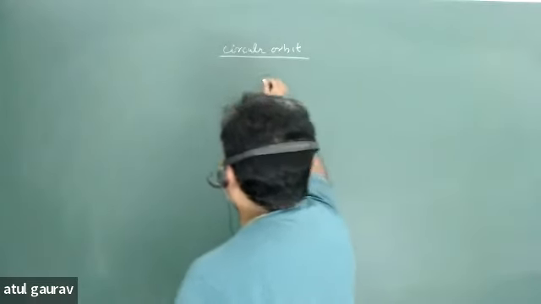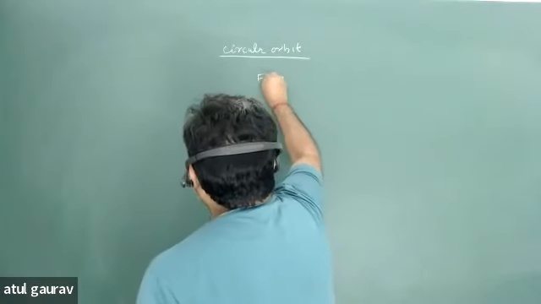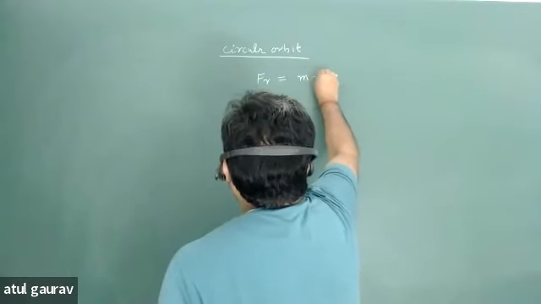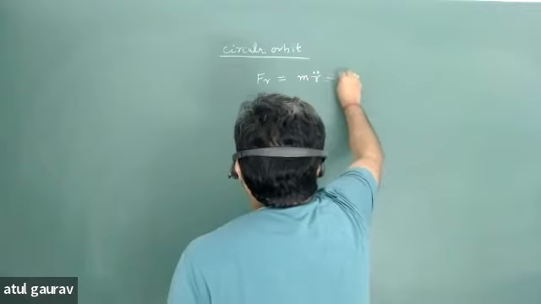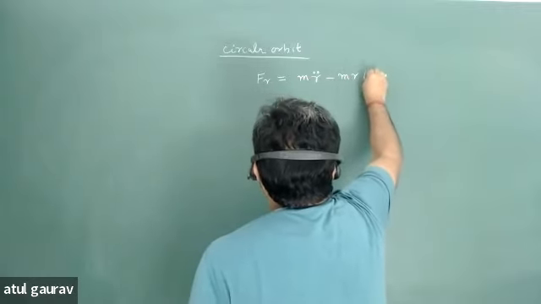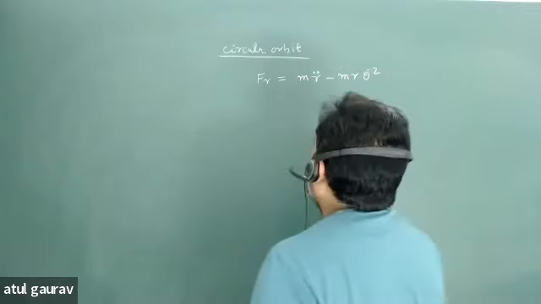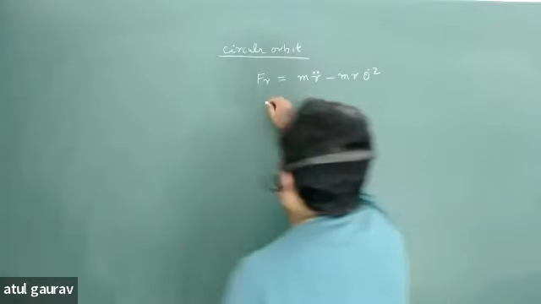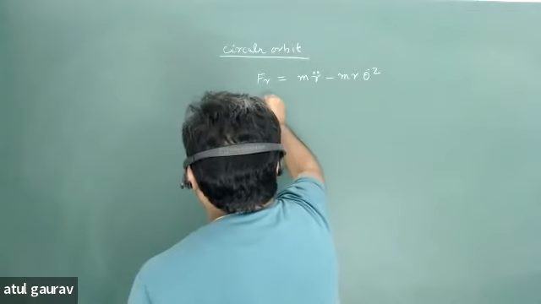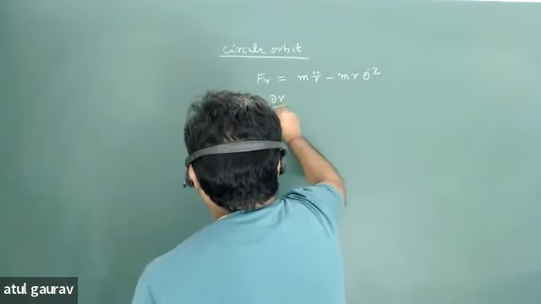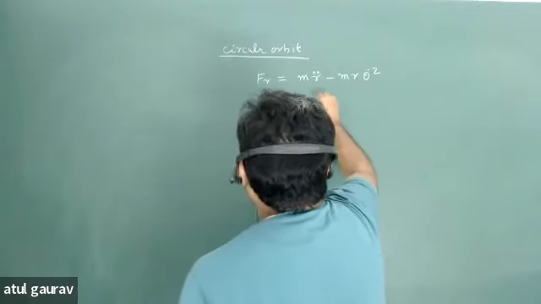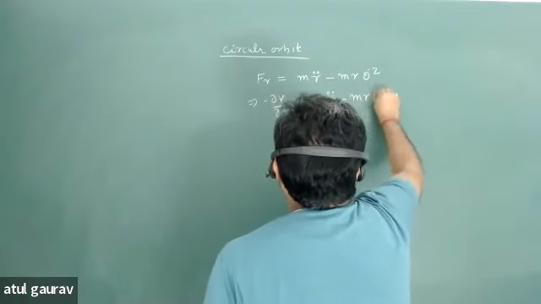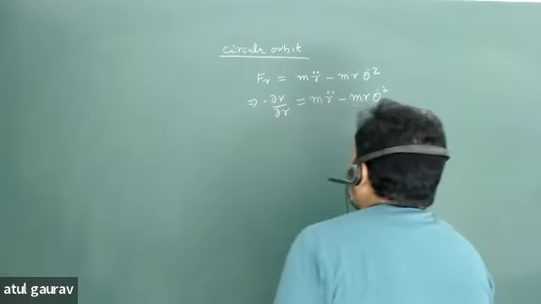We have the equation F_r equals m r double dot minus m r theta dot square, or you can write it in terms of potential: minus del V upon del r equals m r double dot minus m r theta dot square.